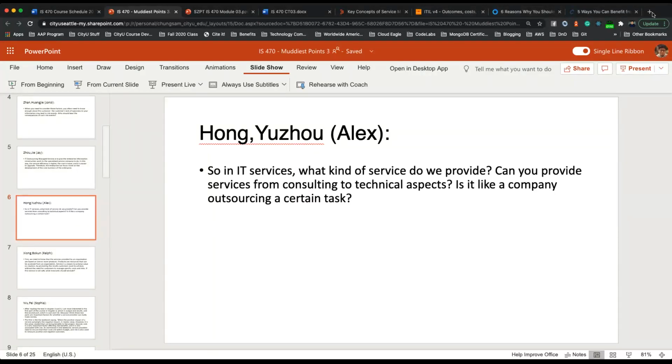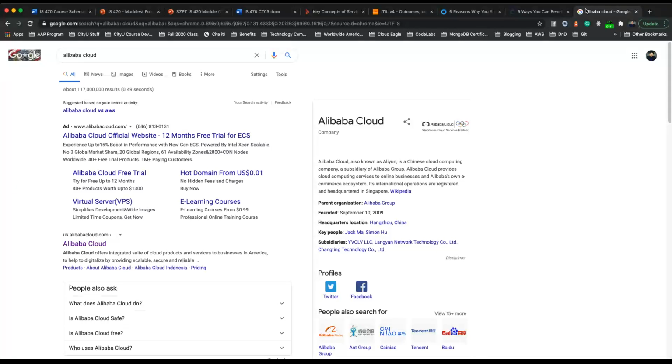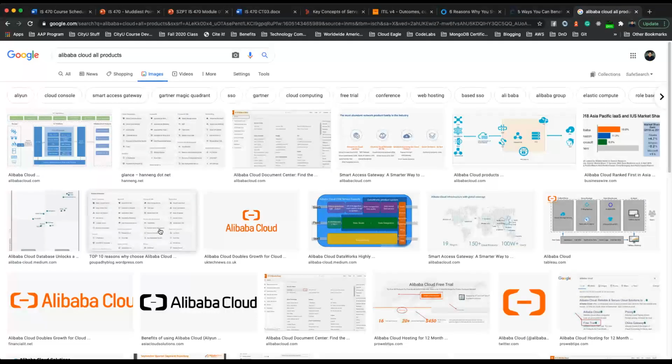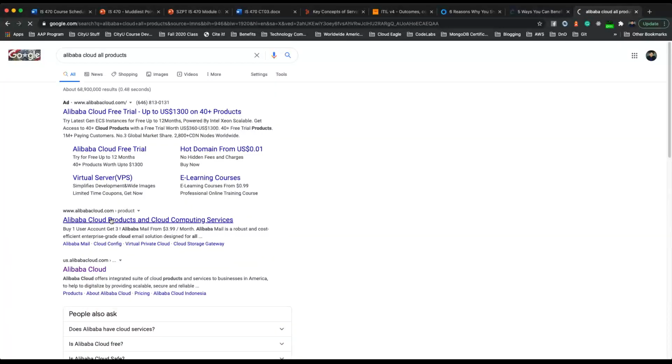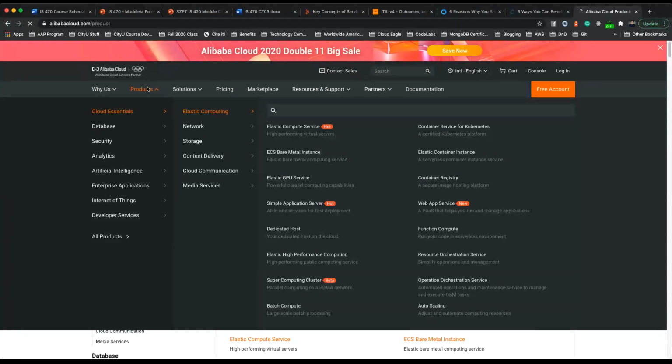and let's check, for example, Alibaba Cloud, right? And all products. And we can see that there's a lot of services. Maybe just click here, right?